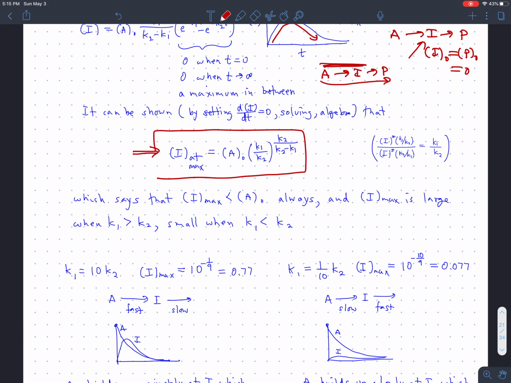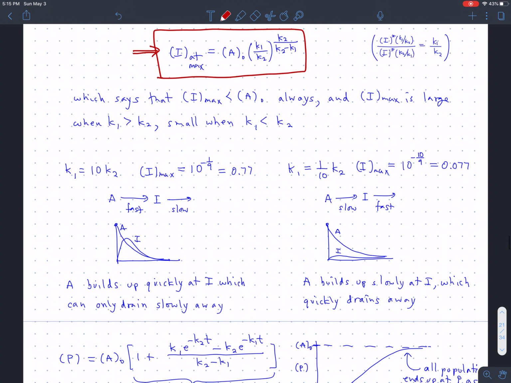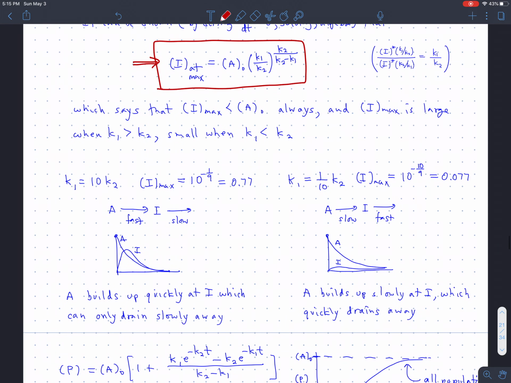I won't look at it in great detail, except to plug in a couple of test values. Let's pick a couple of cases. Let's suppose case number 1, that k1, the first of the two rate constants, is just 1, and the second rate constant is much faster. So this is now slower, and this is fast. What's going to happen in that case?